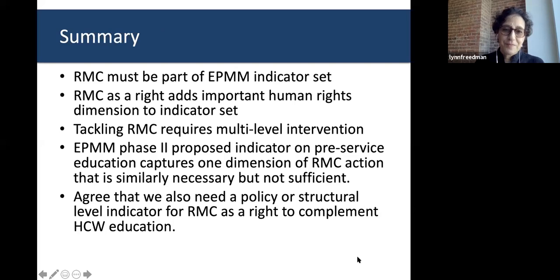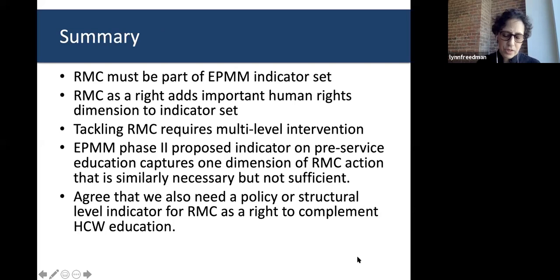I don't think we have a full answer to that, but I would summarize my reflections on this by first saying absolutely RMC should be part of an EPMM indicator set.